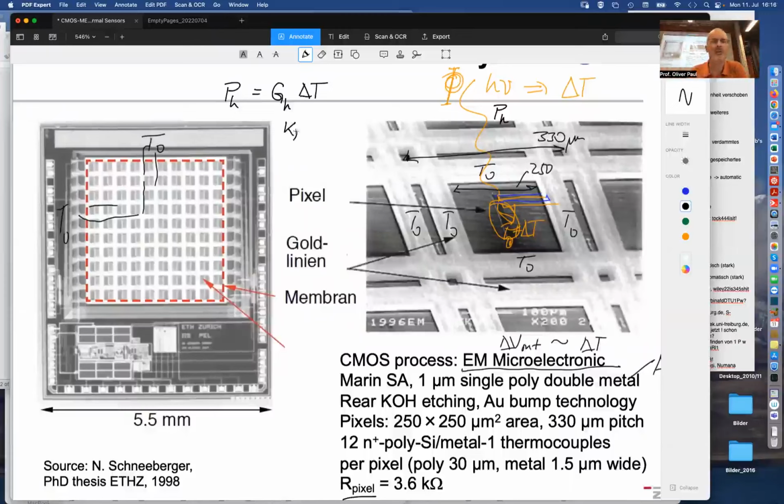Just to remind you, the kappa, the thermal conductivity of aluminum, is around 240 watt per meter and Kelvin, and the kappa of polysilicon is, let's say, somewhere between 20 and 30 watt per meter and Kelvin, depending on the material, roughly a factor of 10 smaller.